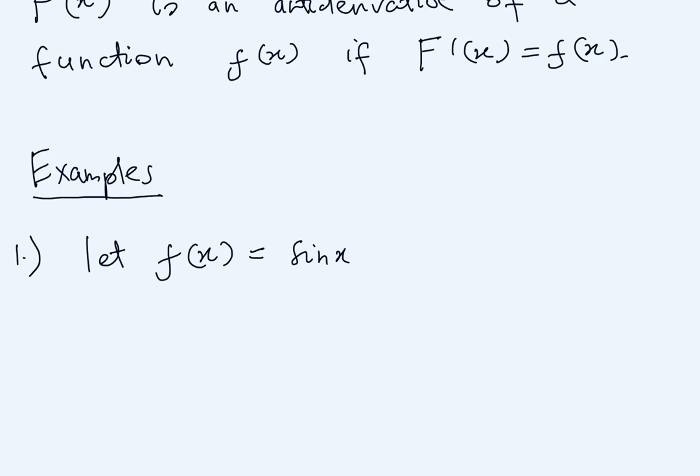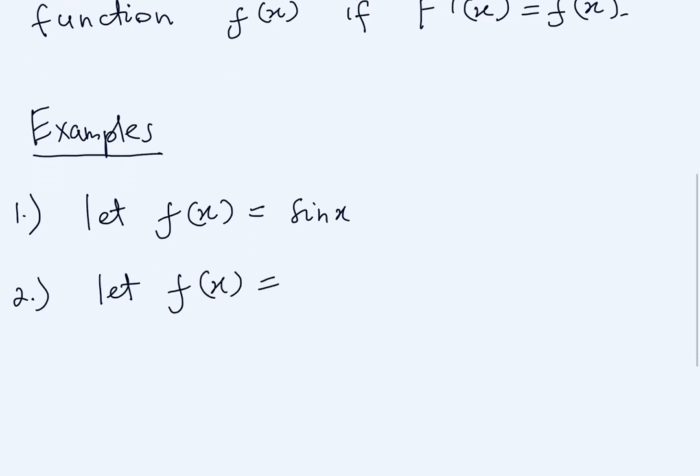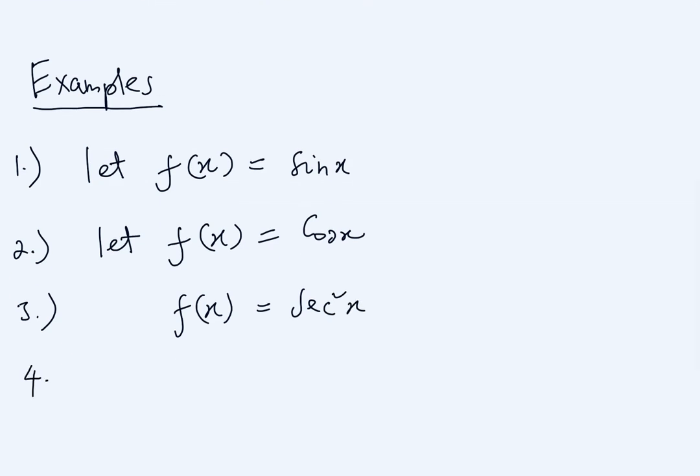In 2, let f of x be equal to cos x. In 3, f of x is sec squared x. And then in 4, f of x is x squared.